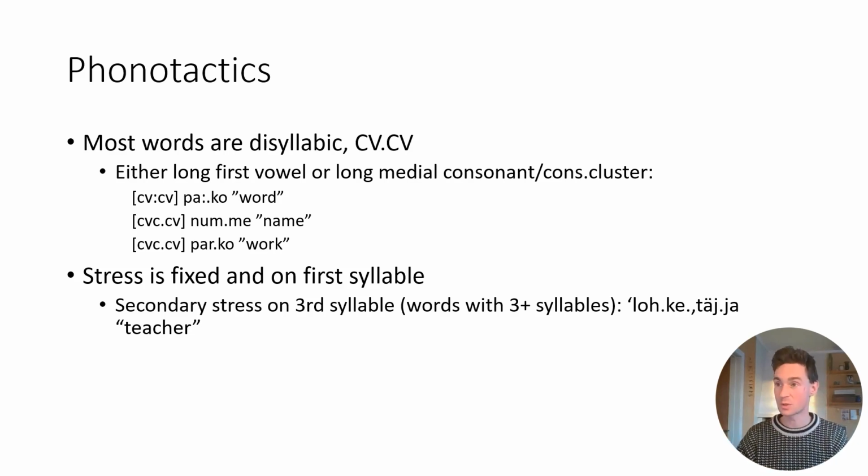To exemplify this, we either have a word like bako with a long first vowel and a short consonant in the second syllable. So bako, word. Or we find a short vowel followed by a long consonant, like in the word for name, numme. Or we have closed syllables, like in the word for work, parko.